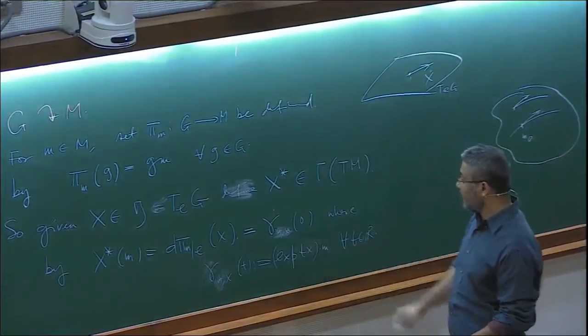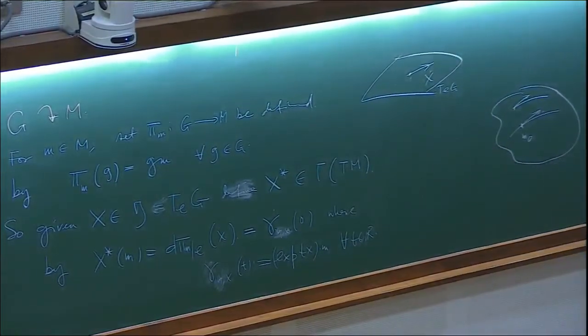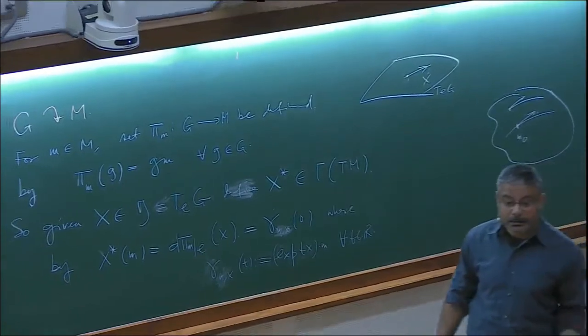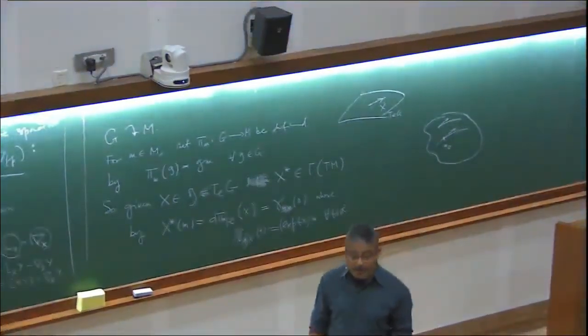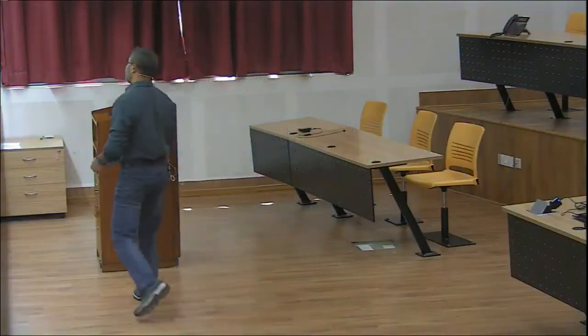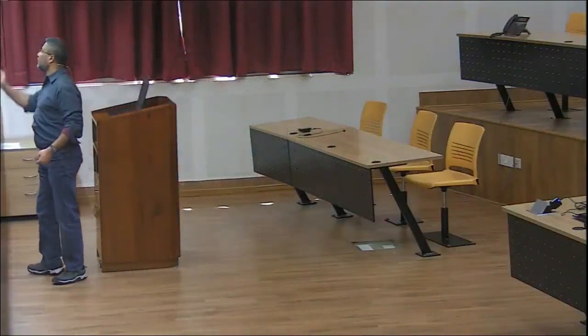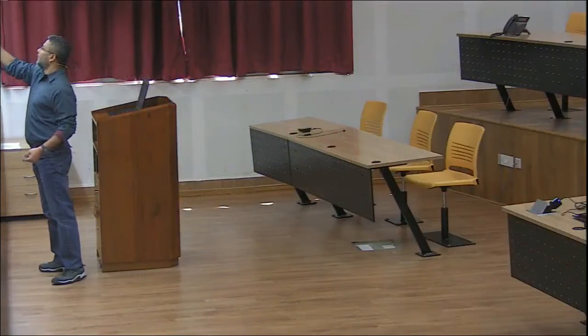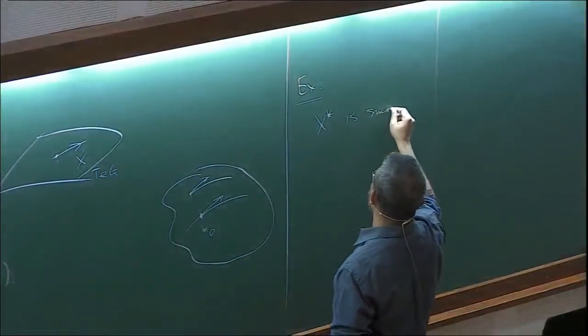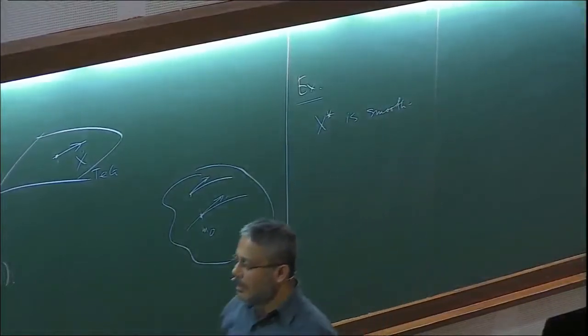I end up getting a curve in M, and at each point I take such a curve and take the derivative at 0, which gives me a vector. For every point in M I get a vector in the tangent space, and this gives me a smooth vector field. That this is smooth is an exercise.